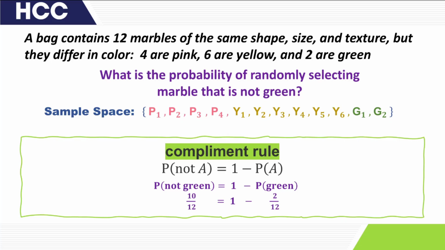I've got 2 green out of 12. So the probability of selecting a green is 2 out of 12. That means that the probability of not selecting a green has to be whatever's left over. So I take that 2 over 12 and subtract it away from 1, to get the probability of selecting a marble that is not green.